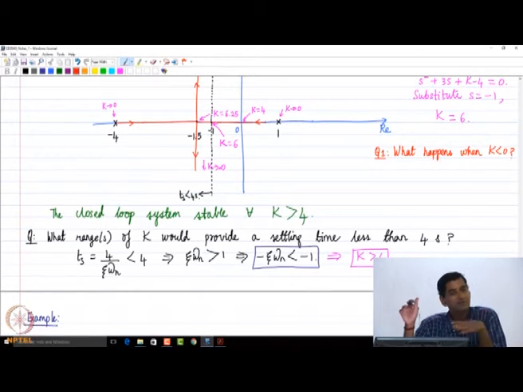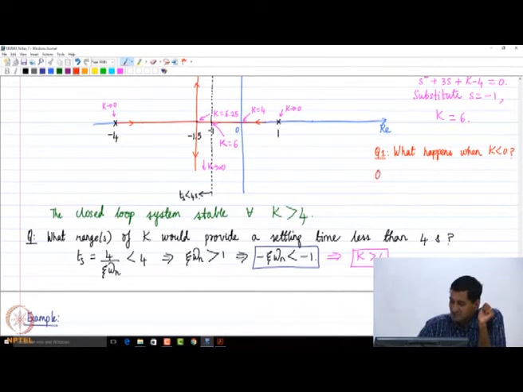Think of K, let's say, as a proportional gain. We did only the part going from 0 to infinity. What about minus infinity to 0? How do you construct the root locus for that? What steps will change? I have given those changes in the document. Please read through them, think, and come back to the next class. We will discuss them once again.